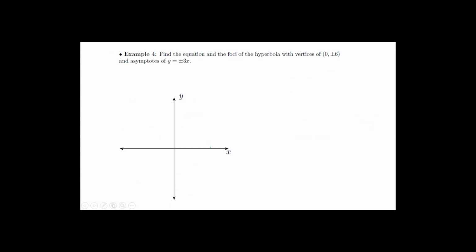All right, one last example. They give us vertices again, but this time they tell us what the asymptotes are. So here, right, we know that a is equal to 6, right? And so of course a squared would be 36. And because the vertices are of the form (0, ±6) in the y value, we know that y squared over a squared, which is 36, is the positive term.